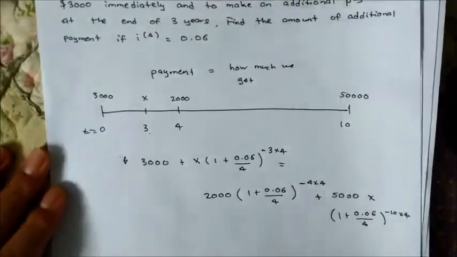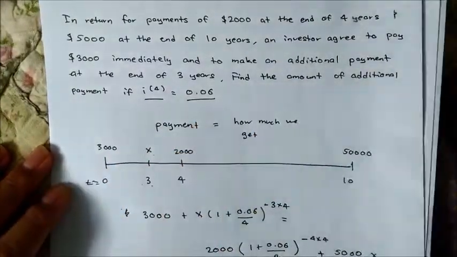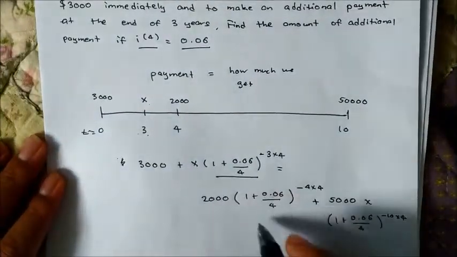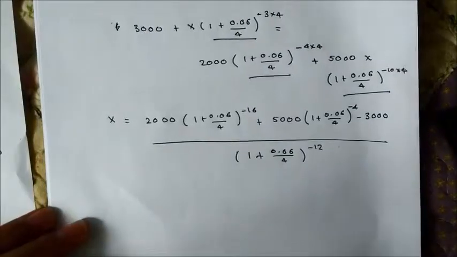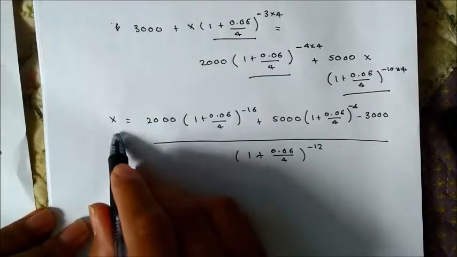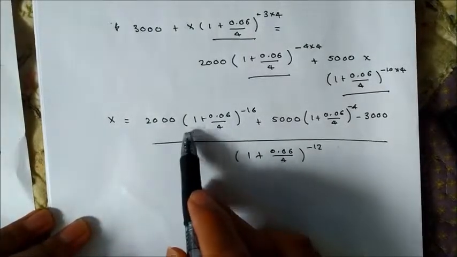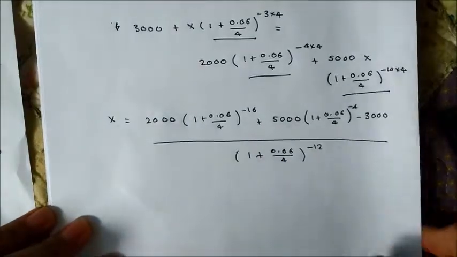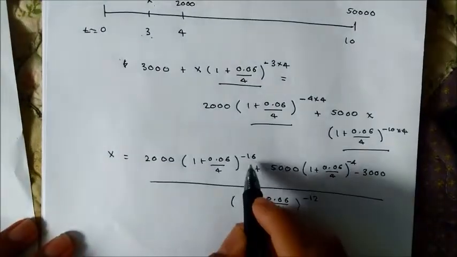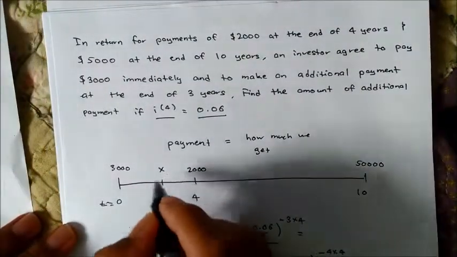Okay. The reason is that since the question already gives the nominal rate of interest, we need to use the nominal rate of interest formula to calculate the exact value. Therefore, we will get this expression for x. Before that, why we are using negative exponents is because we bring the timeline forward.